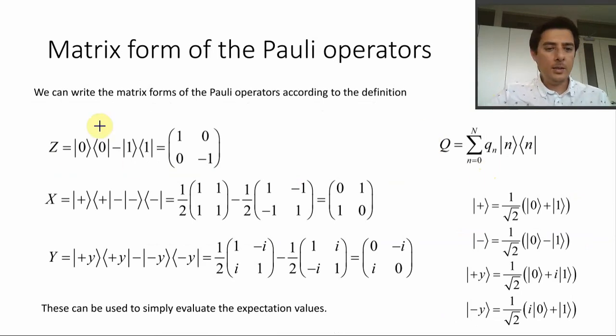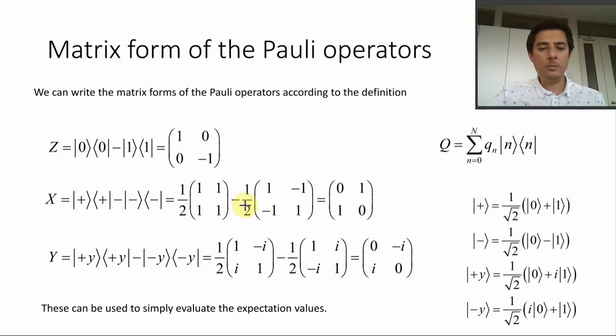For example, in the case of z, the way it is defined is you take the basis states and weight them by the values. This value was +1, this value was -1, and so our matrix is like this. In the case of x, our basis states are the plus and minus states, with values +1 and -1. We can calculate the matrix expressions using the definitions.